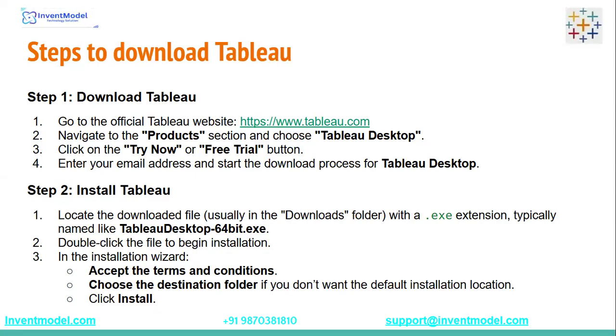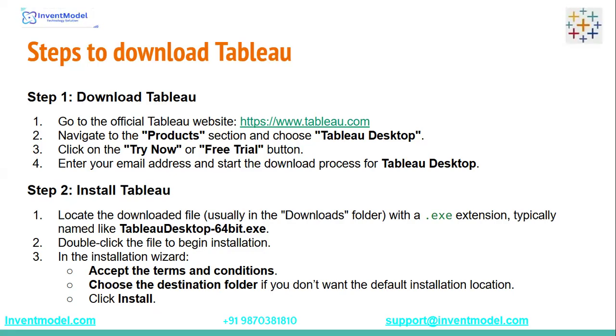The first step will be to download Tableau. First we have to go to the official website of Tableau, which is www.tableau.com. After that, we go to the product section and then choose Tableau Desktop. Then click on the try now or free trial button.